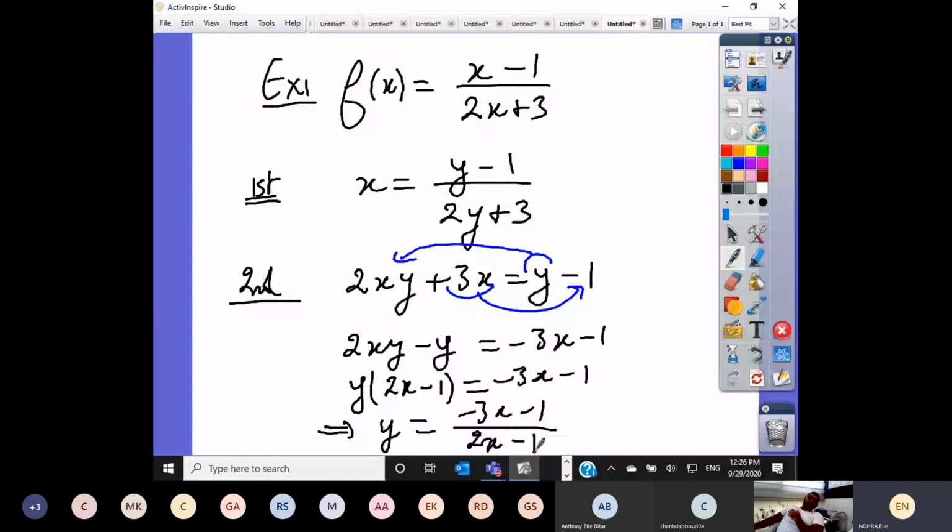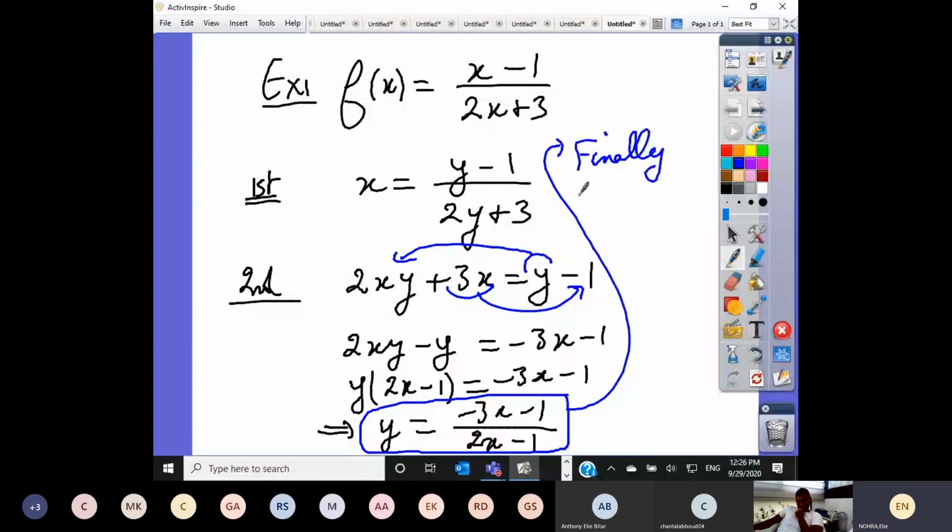This, guys, is f minus 1. Finally, f minus 1 of x equals what? Minus 3x minus 1 over 2x minus 1. Do you notice that this was impossible to know from the given?